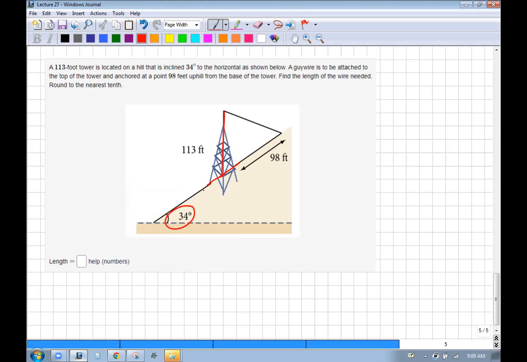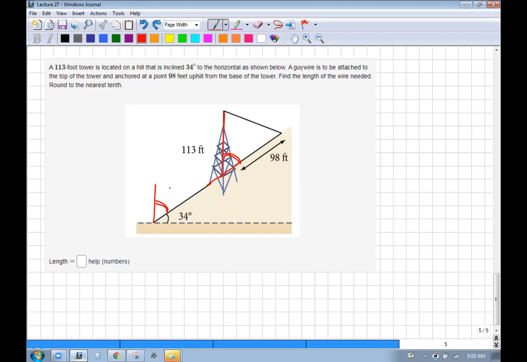If this is 34 degrees, and we draw a line straight up, how do we figure out what this angle here is? 90 minus 34, because this is 90. This angle has to be the same as this angle.